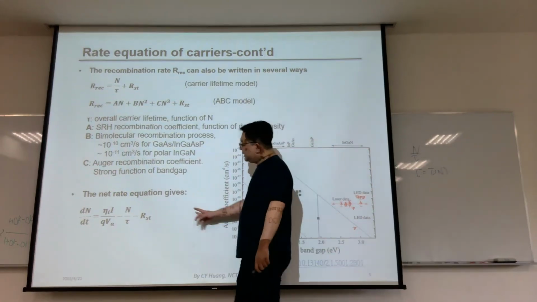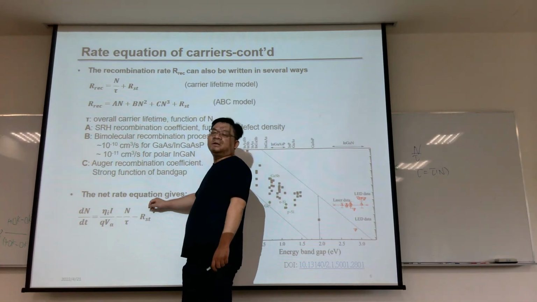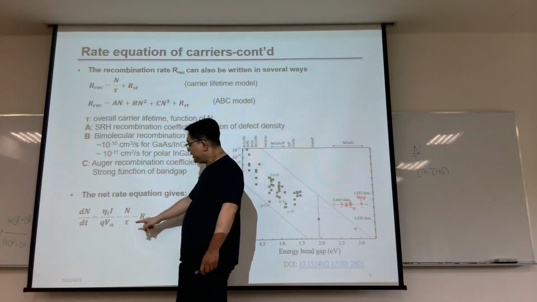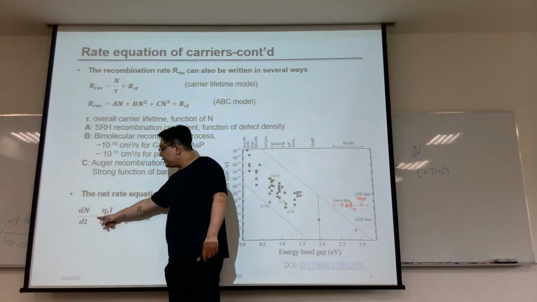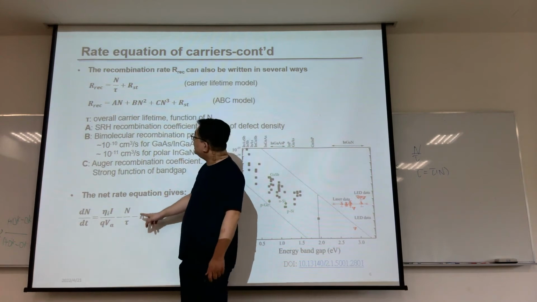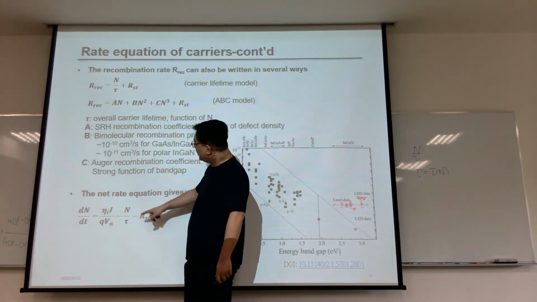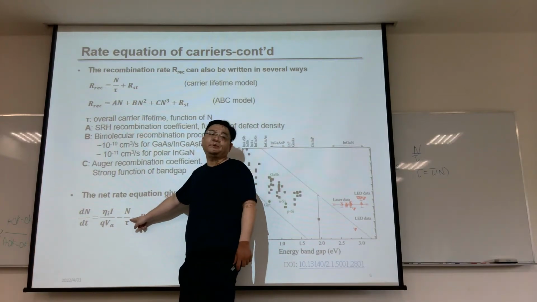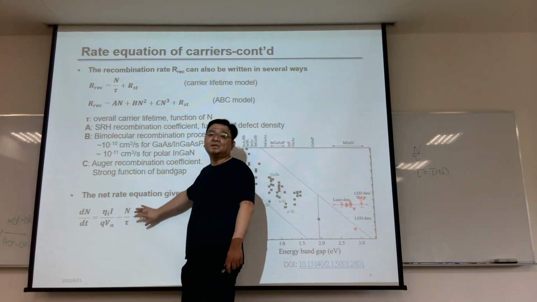So the net rate of the carrier density in the quantum well should be dN over dt equal to generation minus both non-radiative and radiative recombination besides stimulated emission, because this is an important term.